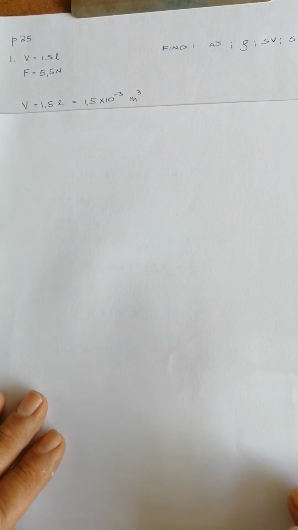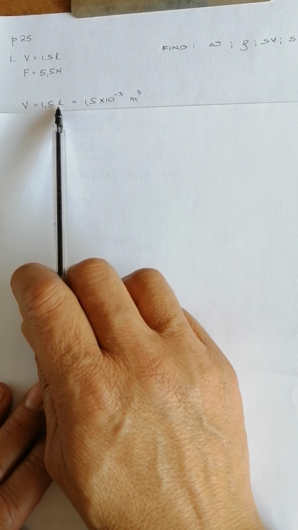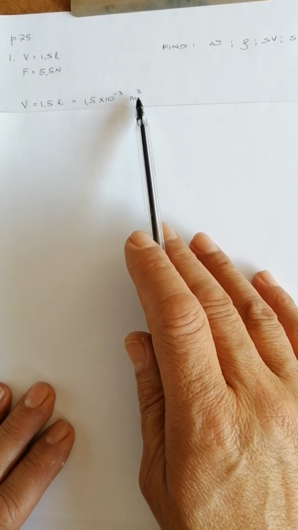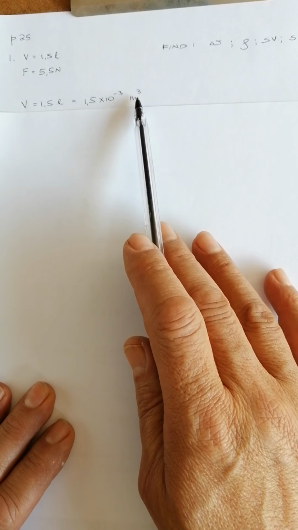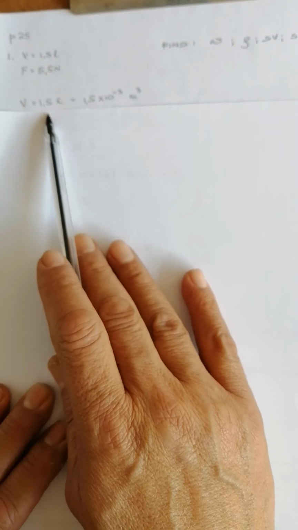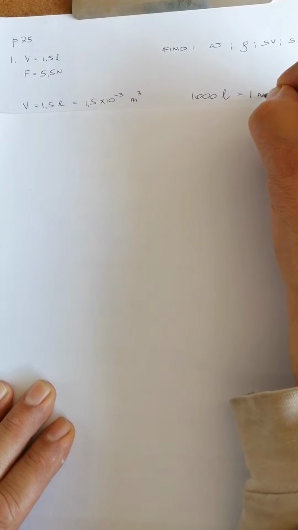So we say that your volume is equal to 1.5 liters. Liters is not a fundamental unit of volume. We know that the fundamental unit for volume is cubic meters. So we find out that 1,000 liters is equal to 1 cubic meter.